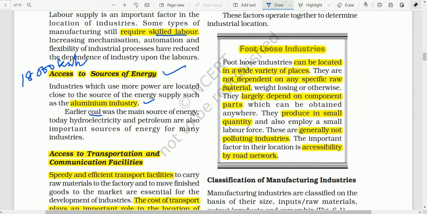In such cases, the industry is located nearby the source of the coal. As we discussed earlier, some industries use hydroelectricity or petroleum as sources of energy, and in such cases also, sometimes the industries are located nearby the source of energy.